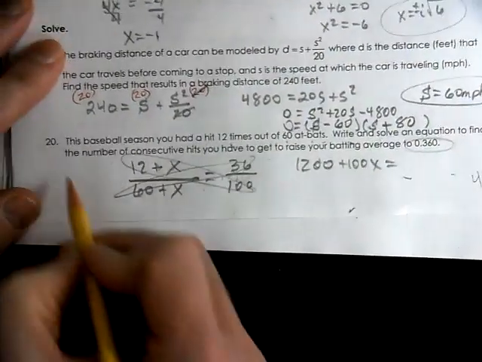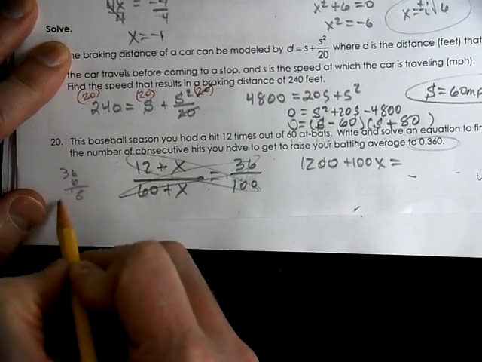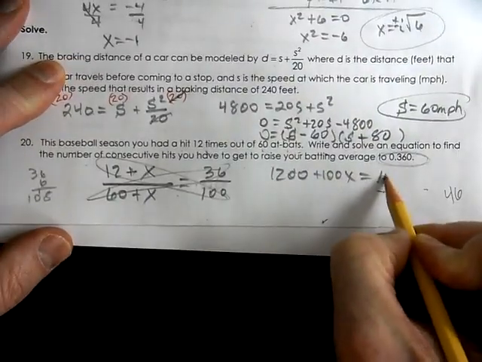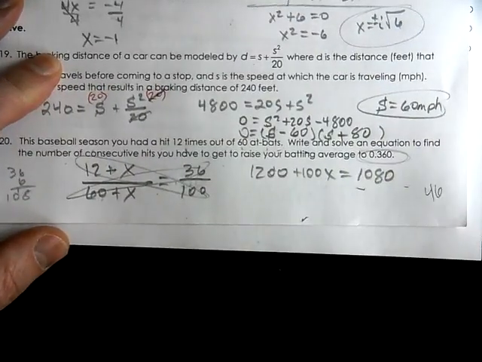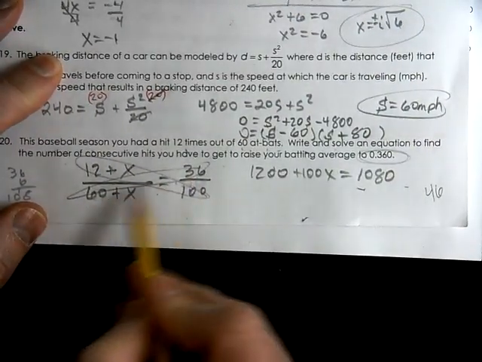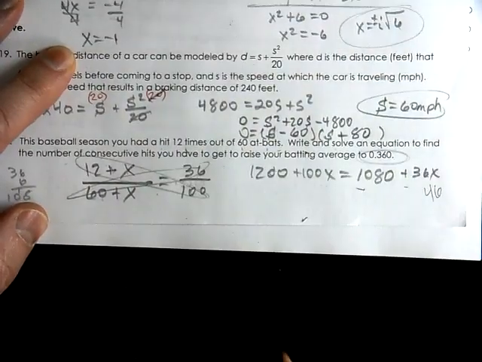This would be 36 times 6, 108, with another 0. So I think that's 1,080 plus 36x.